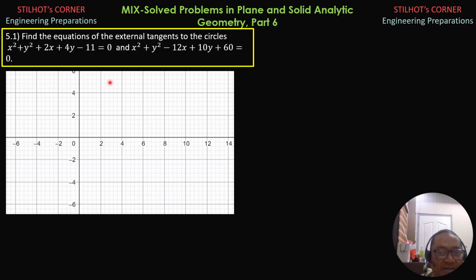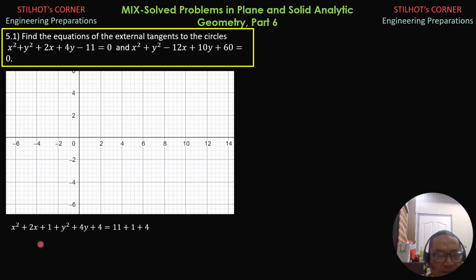So first, let's transform these equations of circles to their standard form so that we can locate them on the coordinate system, this plane here. So x squared plus 2x plus 1 plus (y squared plus 4y plus 4) equals 11 plus 1 plus 4.